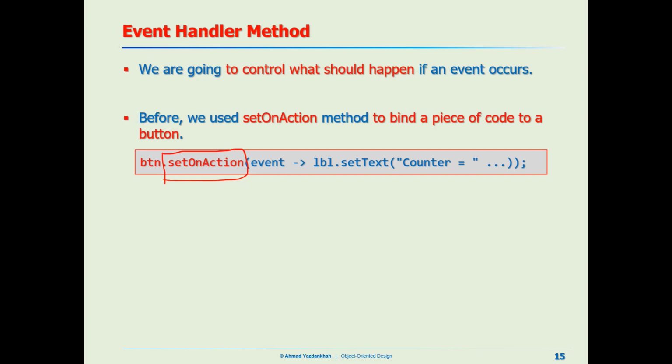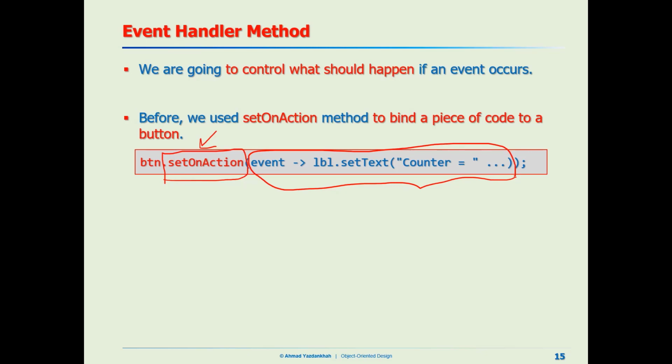It is a button method, and actually a node method, and you can call this method for almost all nodes, right? This piece of code was bound to the event of clicking on a button.